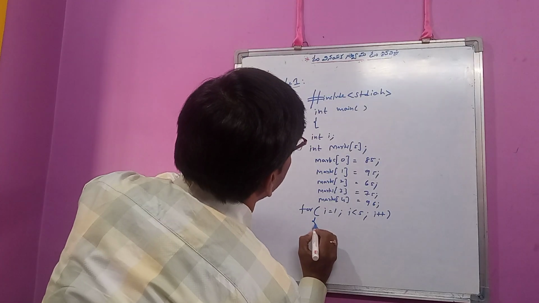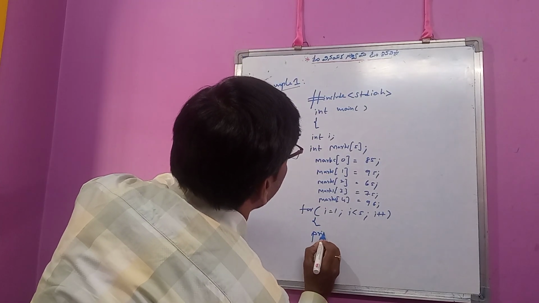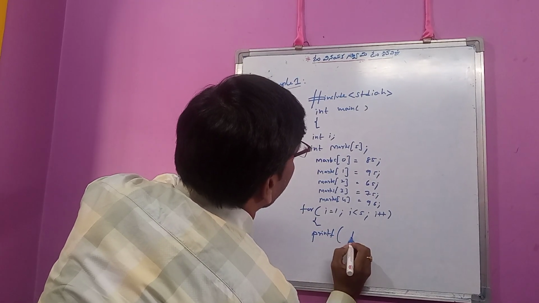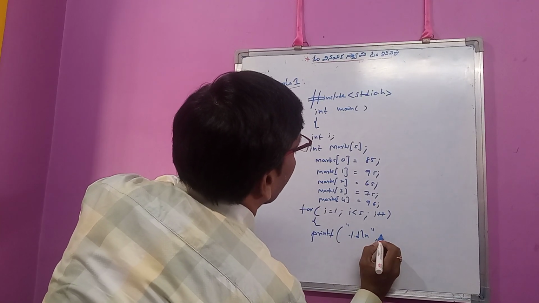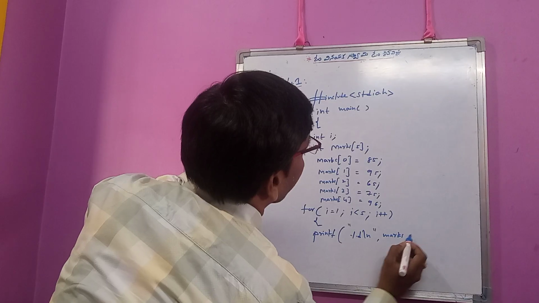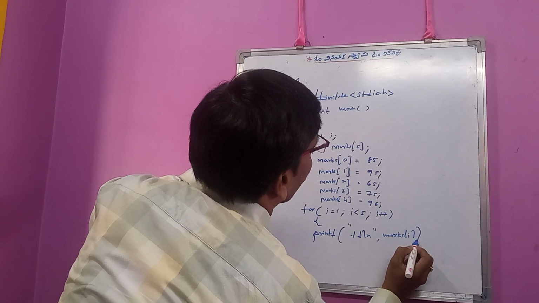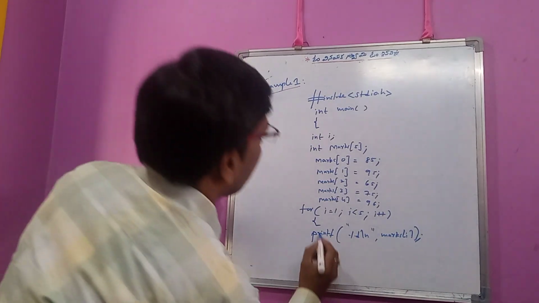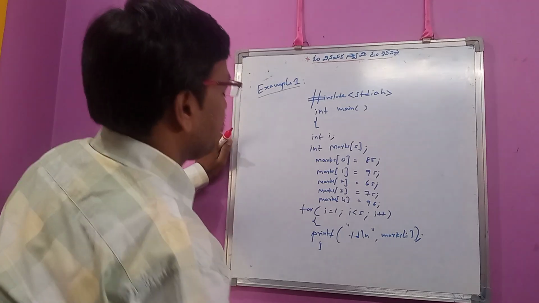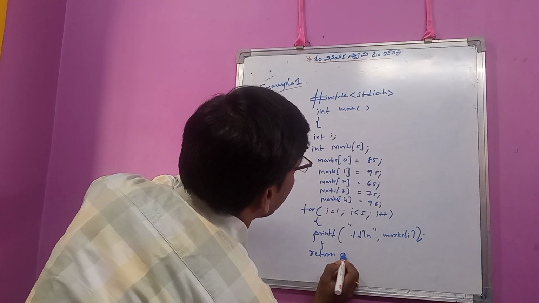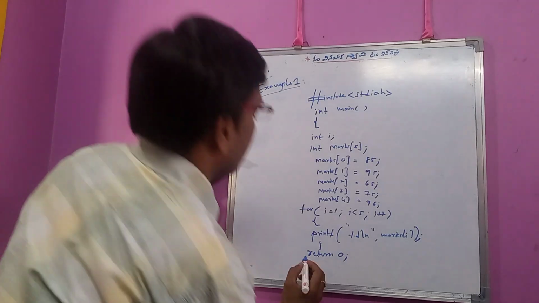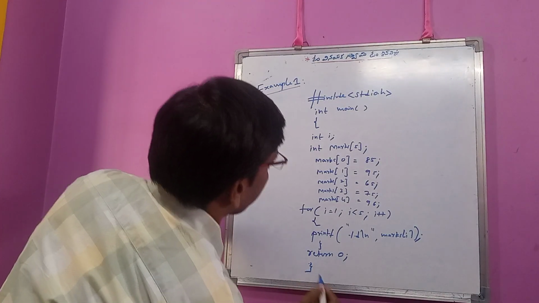Open brace, printf percentage d slash n comma marks[i]; close the brace, return 0, close brace.